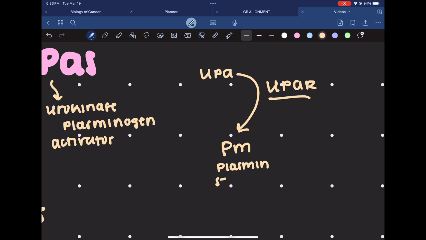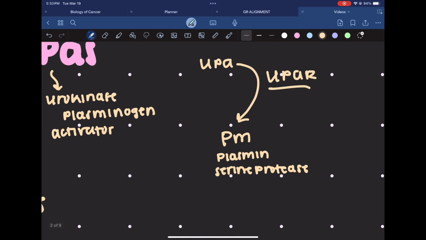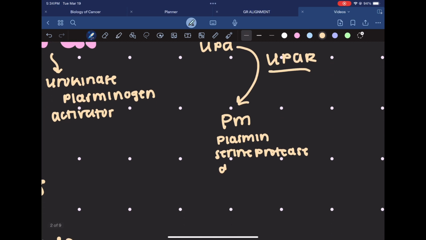And plasmin is a serine protease. And this is actually the protein that's going to be degrading the matrix.